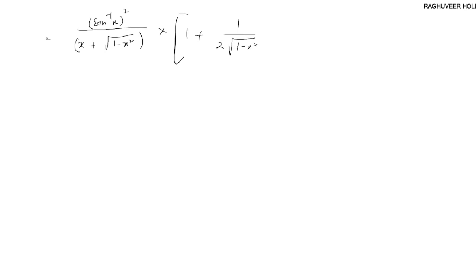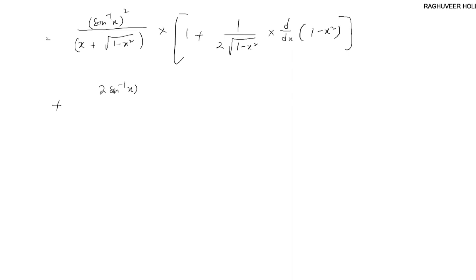Further, this will be (sine inverse x) whole square divided by (x plus root 1 minus x square), multiplied by (1 plus 1 by 2 root 1 minus x square, d by dx of 1 minus x square), right?